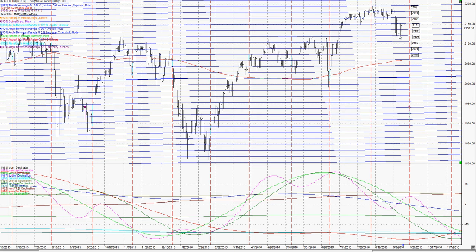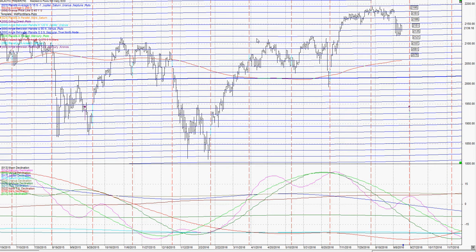So that was resistance. It gave it a good try, went through this one, came up to 2151, and failed and bounced back. But if you go back through this chart, you'll see many, many instances of these lines being support and resistance.